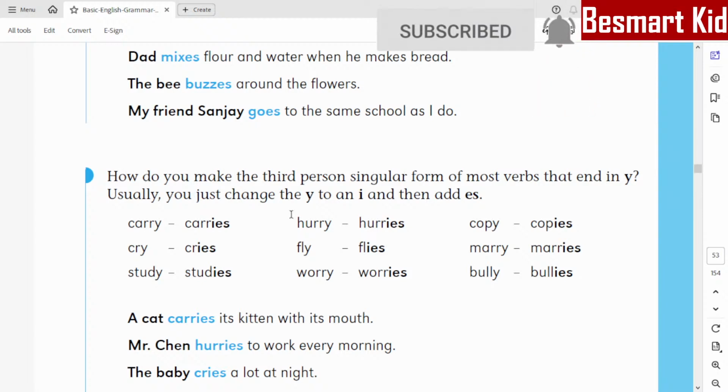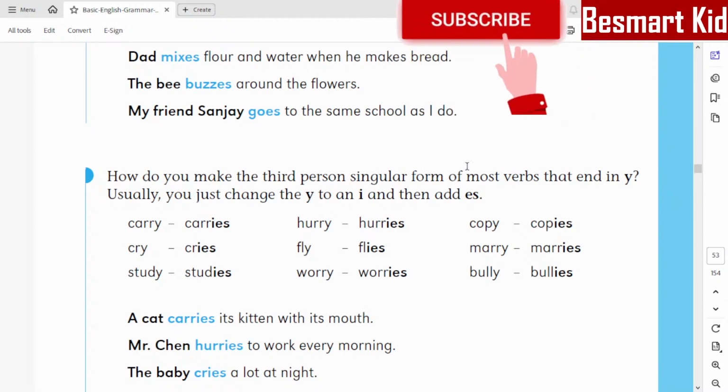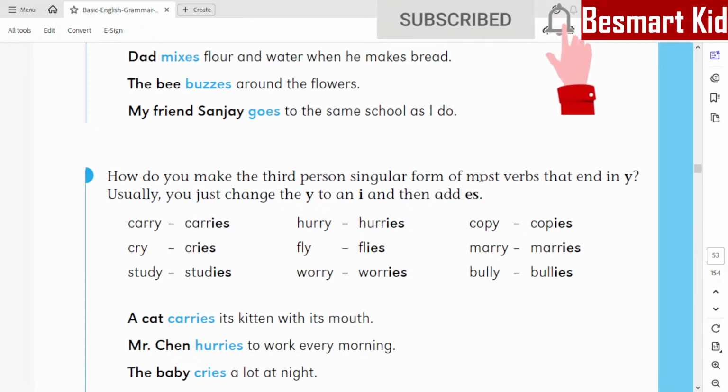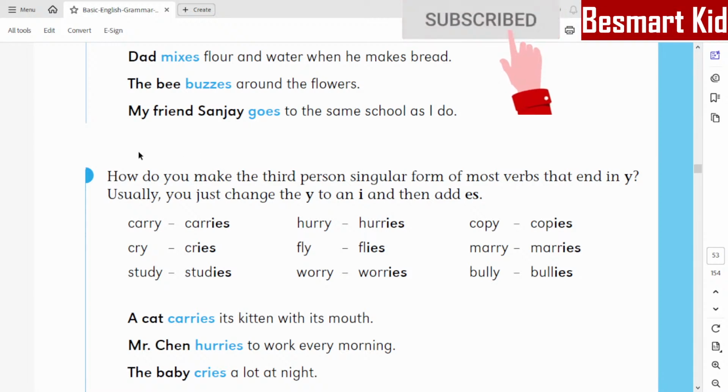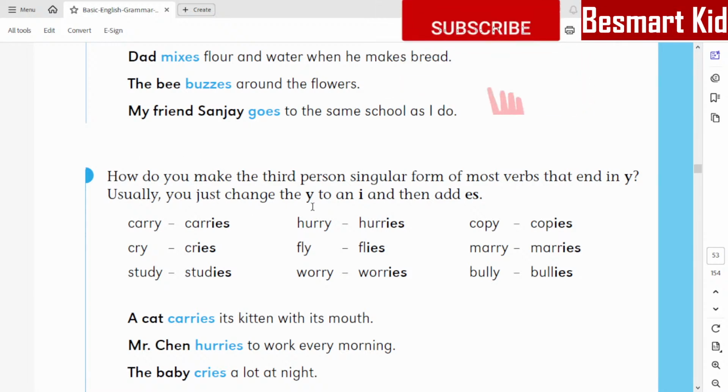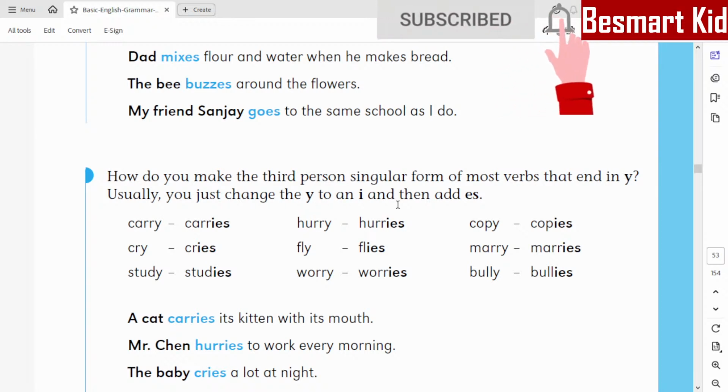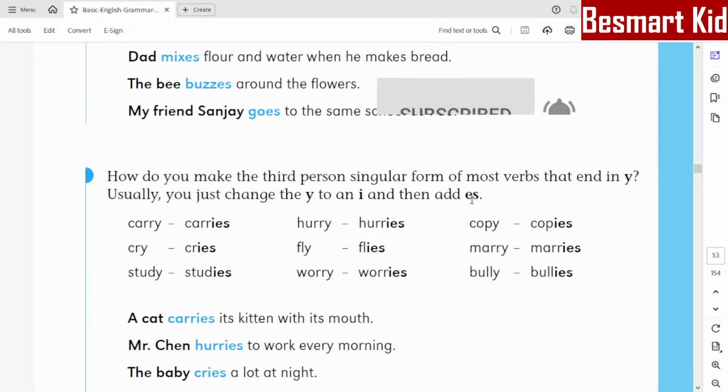How do you make the third person singular form of most verbs that end in y? Usually, you must change the y into i and then add es.